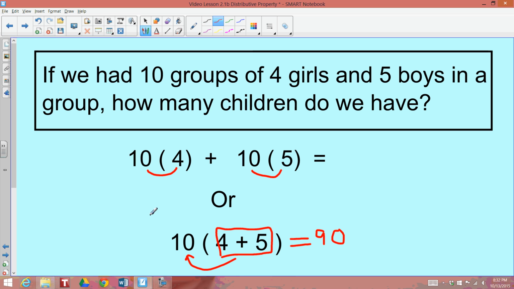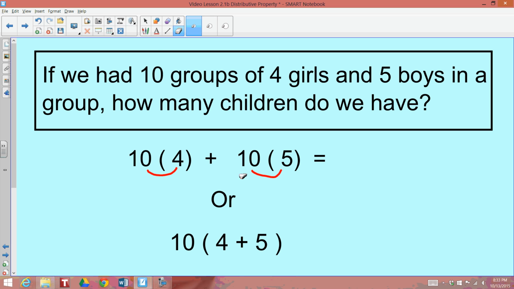So if we go back to this situation here, 10 groups of 4 girls and 5 boys, look down below here. I have 2 numbers inside the parentheses, and those are called addends because they're being added together.